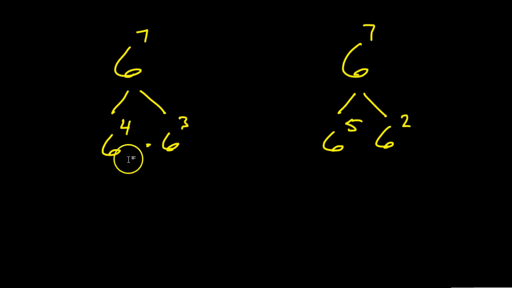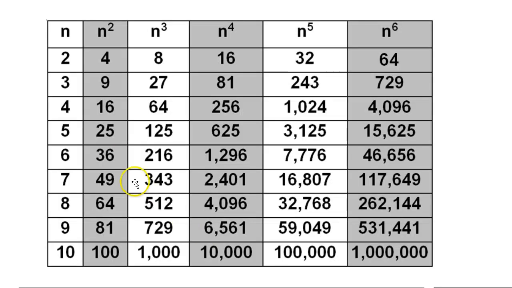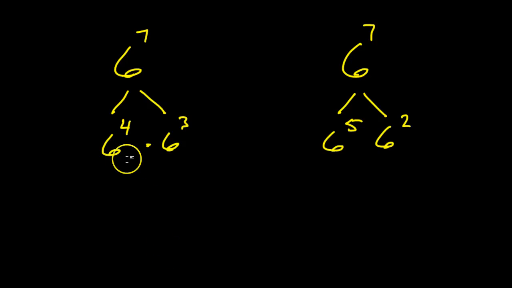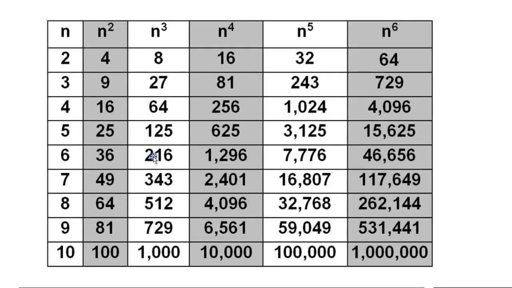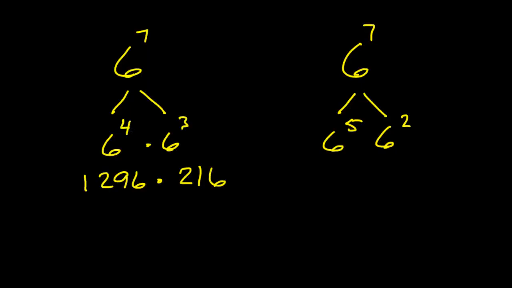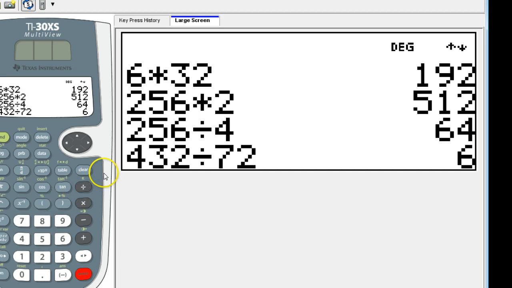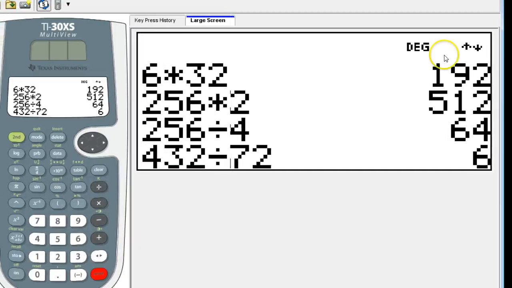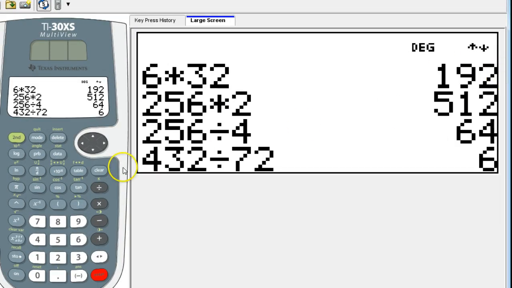So I'm going to use the first one that I thought of. 6 to the 4th power is 1,296. And then 6 to the 3rd power, I believe, is 216. Yep. Now I just multiply these two together. I'm pretending like this is just a 4-function calculator because I will not be allowed to use my TI-30XS MultiView on the test.